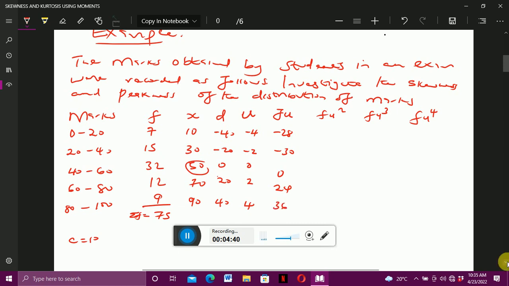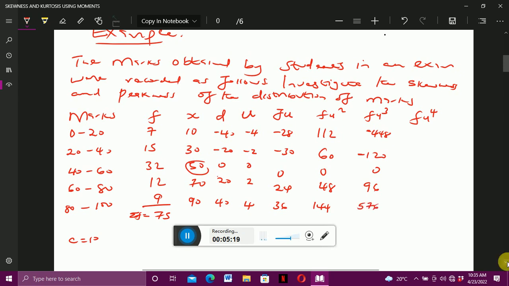Fu squared is fu times u, and it gives us 112, 60, 0, 48, and 144. Fu cubed is negative 448, negative 120, 0, 96, and 576.